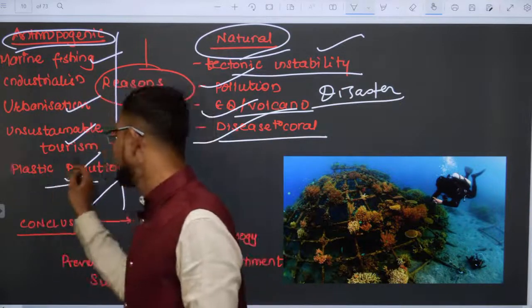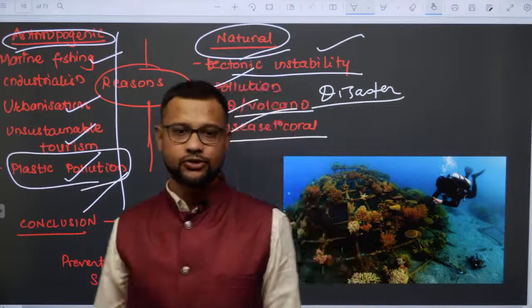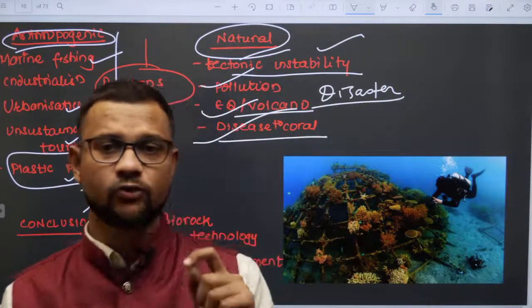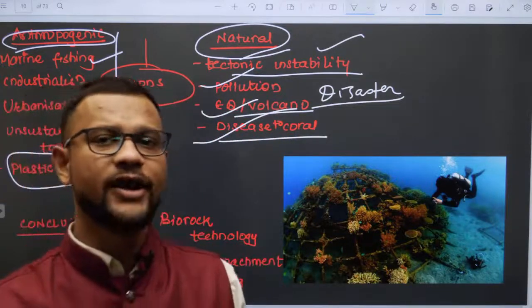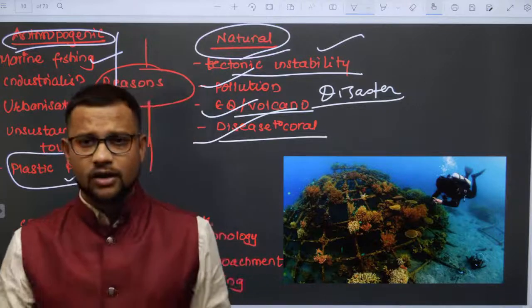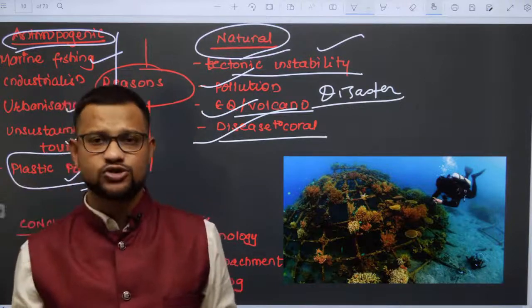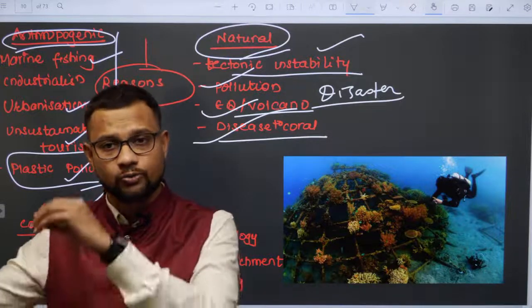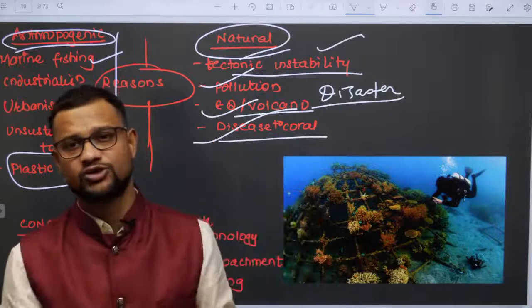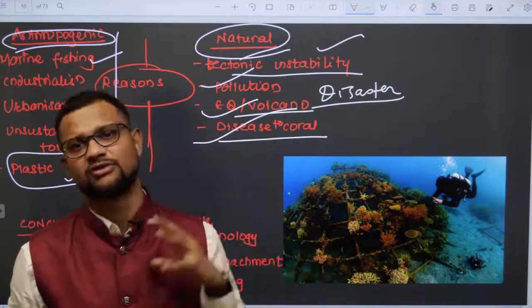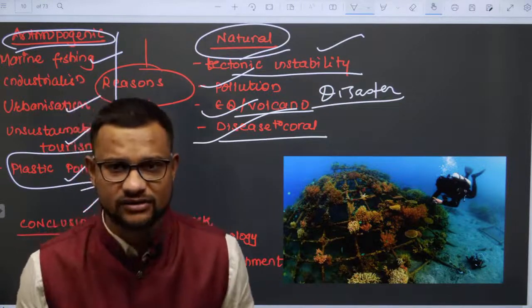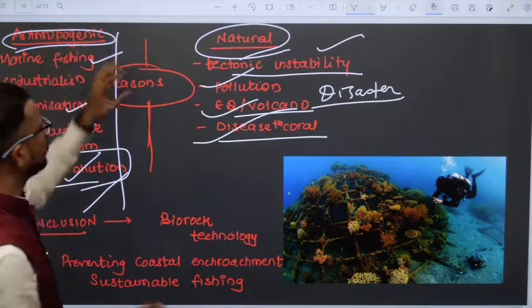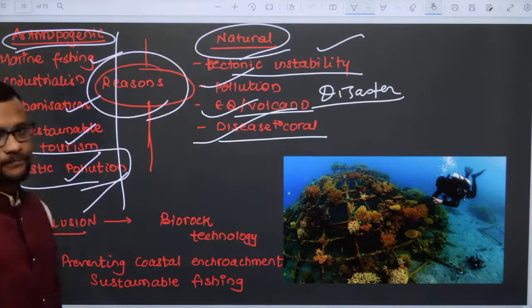And this factor, plastic pollution: you know, there is a World Economic Forum report, and according to it there will be more plastic in the ocean than fish by 2050 if we keep polluting with plastic on the land as well as in the ocean. And that is the reason it leads to this coral bleaching also, right guys?